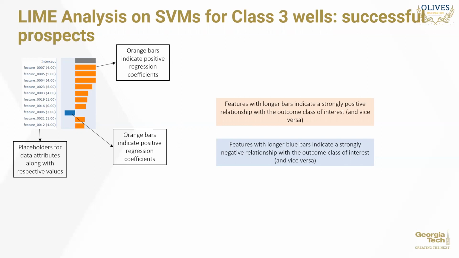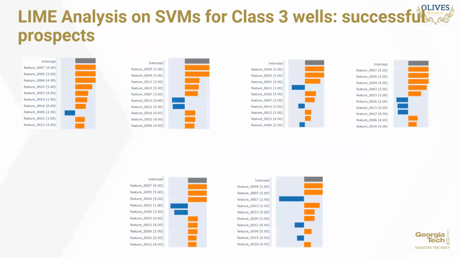And then the bars denote the coefficients that are fitted by LIME, the interpretable model by LIME. Positive coefficients mean that for these features, higher values would correspond to an increased chance of success. And negative coefficients mean that for these features, having lesser values would increase the chance of success and vice versa. So higher values would decrease the chance of success.